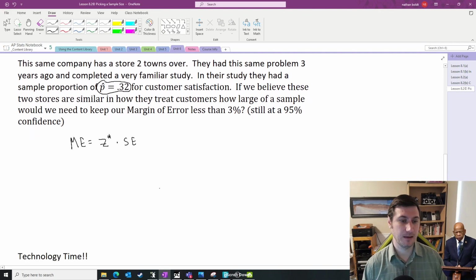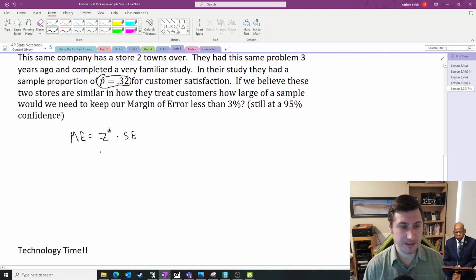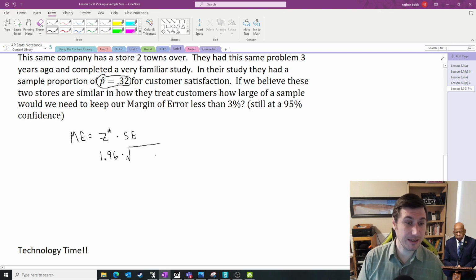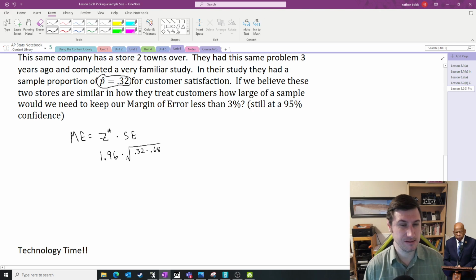My z star is still 1.96. My standard error is the square root of p times q. Well, I'm going to use this new p hat that I think might be close to what I get. So 0.32 times 0.68 then.